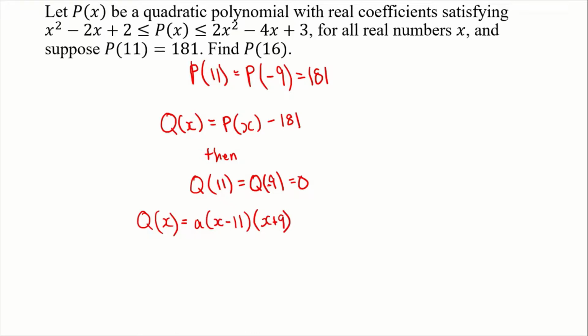Alright, great. Now we know if we can just find a, then we can find q of x, which means we can find p of x. We can find q of x, then we can find p of x. So all we need to do is find a. How can we do that? Well, let's go back here to this slide.